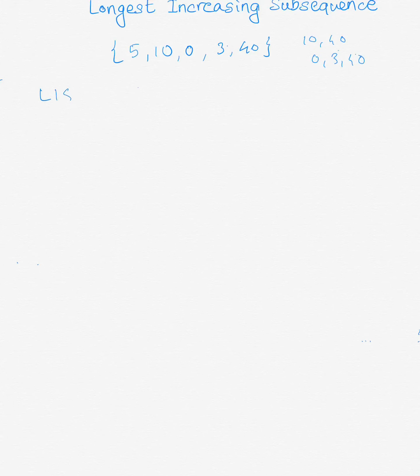Let's call it LIS. And this LIS array will be initialized to 1. So all elements in this LIS array are initially 1.